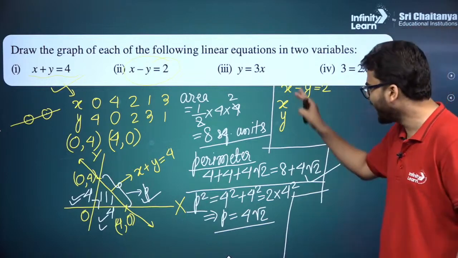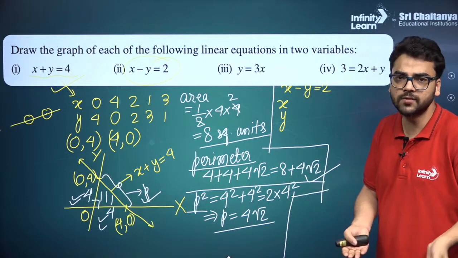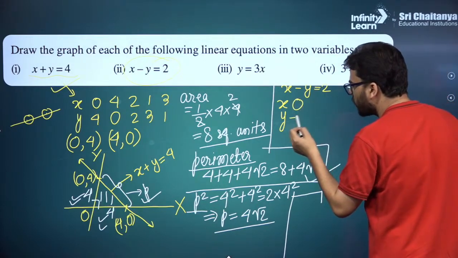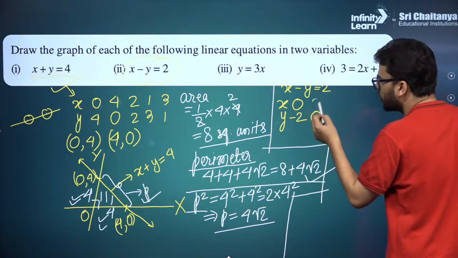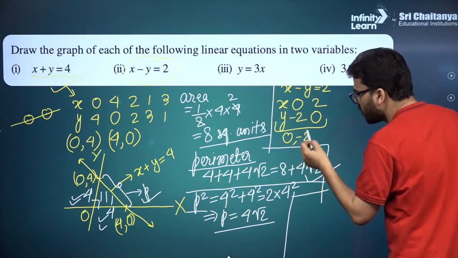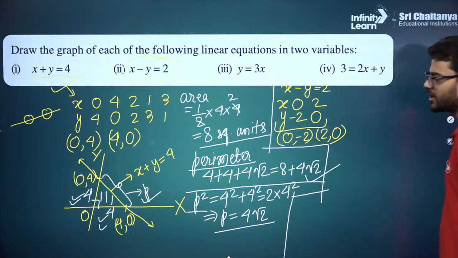For example, you can take x is equal to 100, but how will you plot x is equal to 100? So don't take those values, try to get simple values. If I take x is equal to 0, y will be equal to minus 2. If I take y is equal to 0, x is equal to 2. So you see 0 comma minus 2 and 2 comma 0 I can plot in order to draw the graph of this linear equation in two variables.